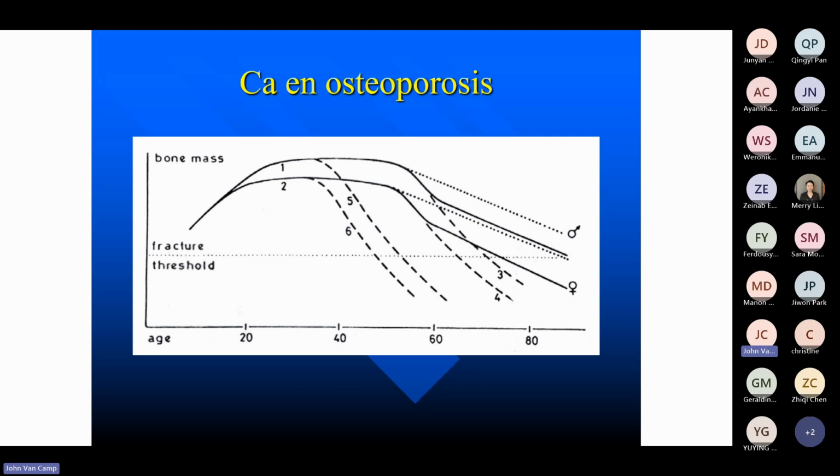You can have a more rapid reduction of the bone density until you reach the so-called fracture threshold. If you cross that, then of course you get instability in the bone structure, which can even break quite easily. And this is then the issue of osteoporosis.